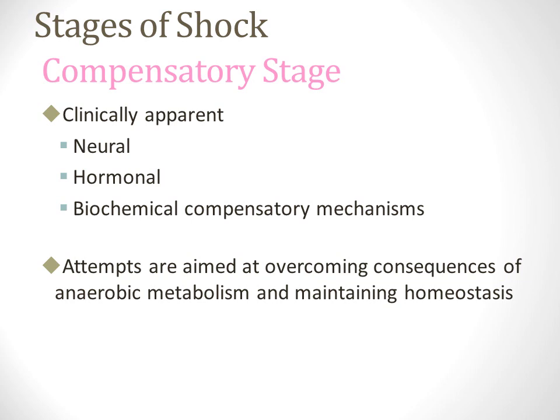Because not only is the blood flow not getting there, when we have that fight or flight, the body is consciously shunting blood from there, indicating the level of lack of perfusion. So this is the body's attempt to overcome the consequences of hypoperfusion and anaerobic metabolism.